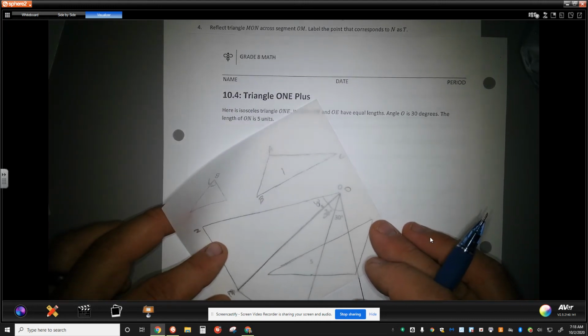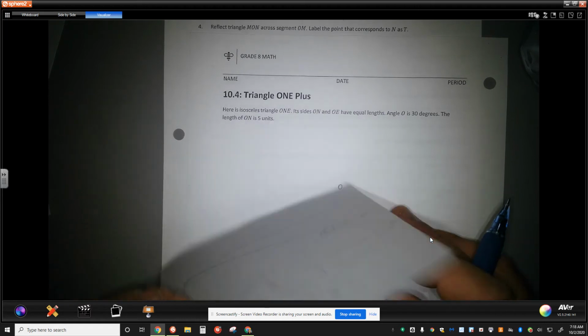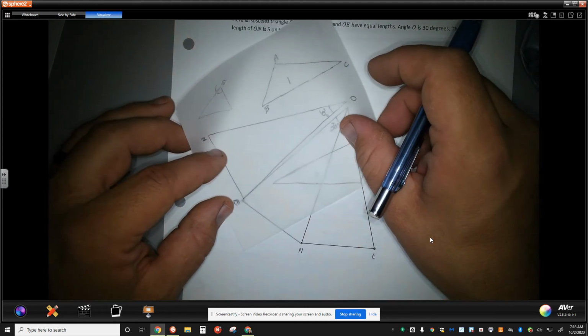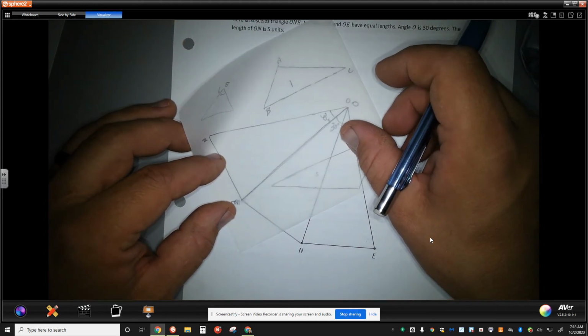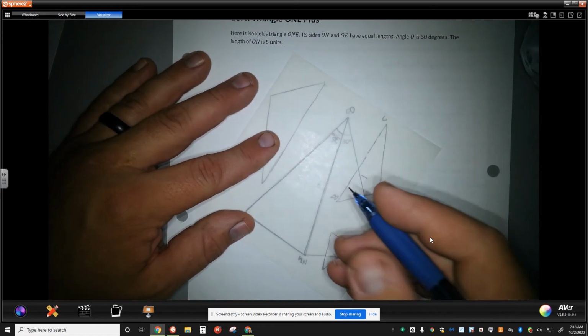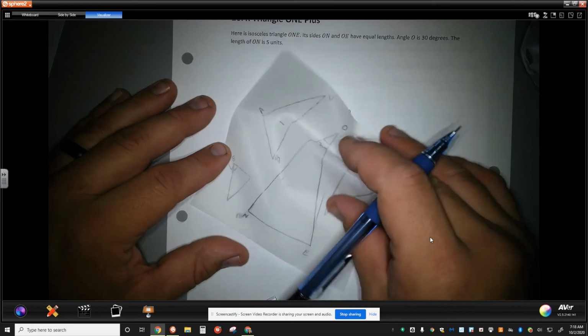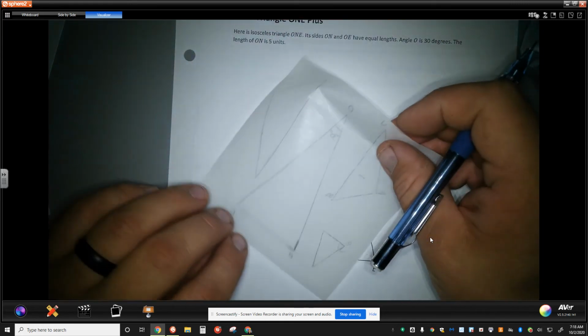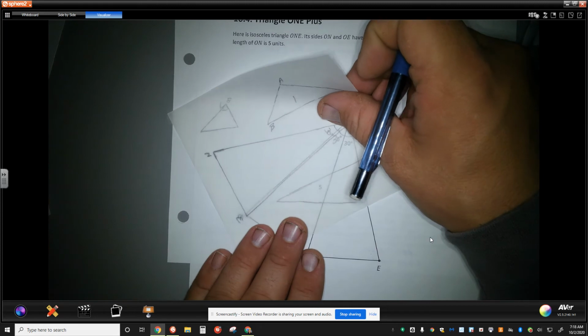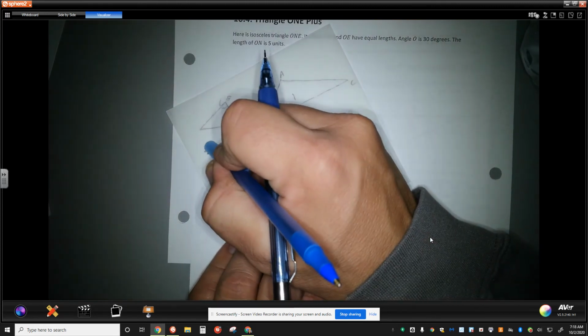And then we're going to label the point that corresponds to N. So what was point N, this one here, will now become point T. I'm going to just draw that one spot because that's the one point that I need to transfer across using my handy dandy trick here, my magic.